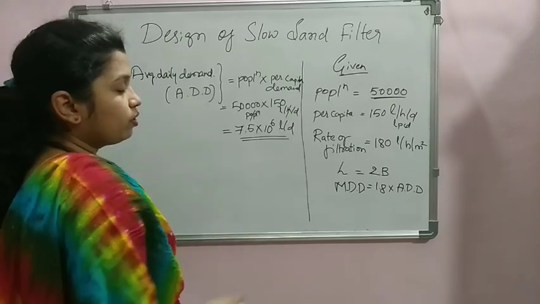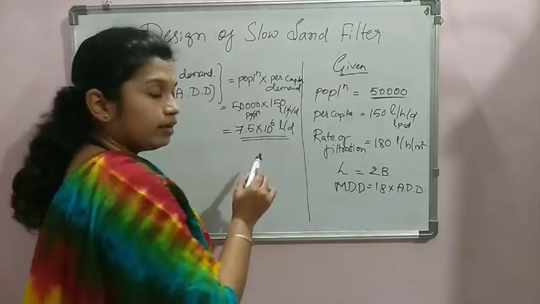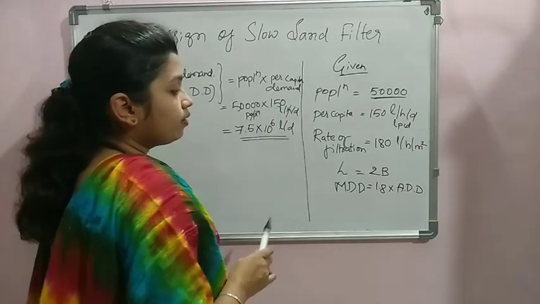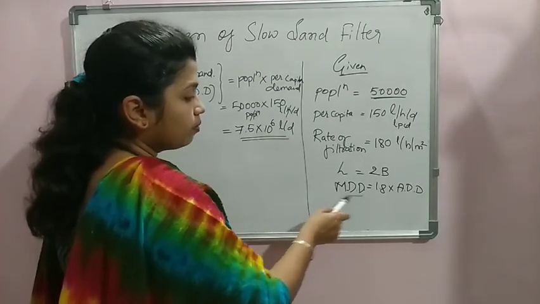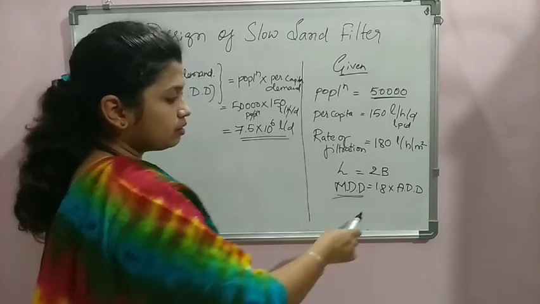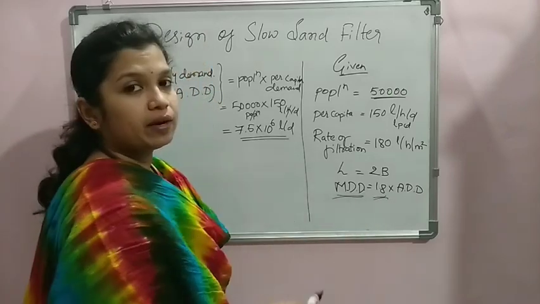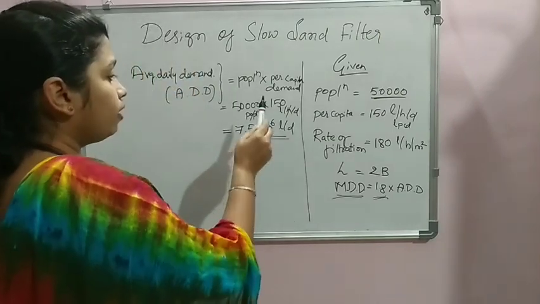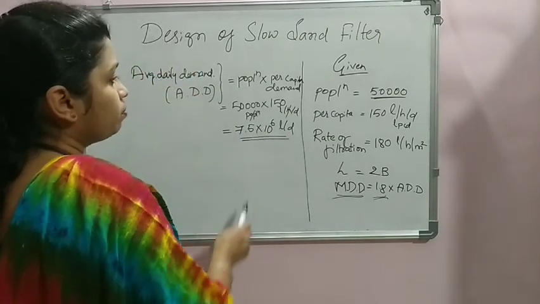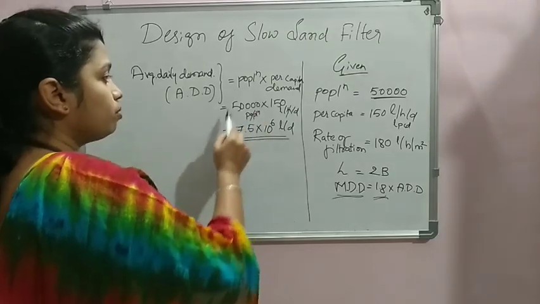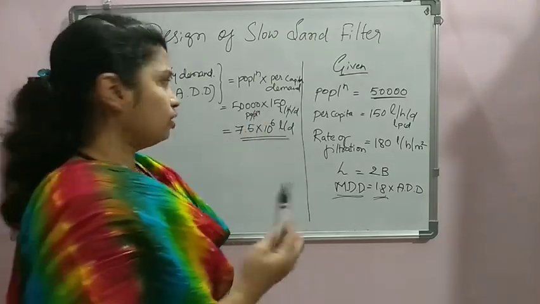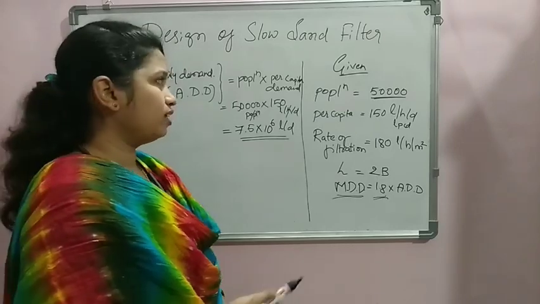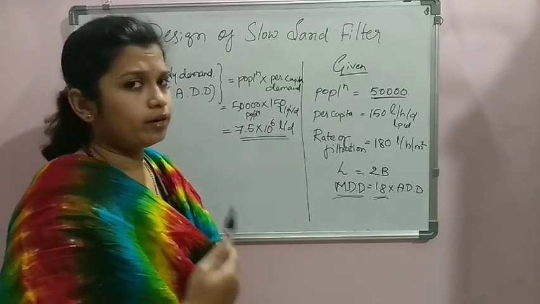Next, what they have given as a condition, we cannot design by considering this much of the water, but they have said you have to consider maximum daily demand. This is like a factor of safety, we are going to multiply with average daily demand, because this is the required amount of water that we have to supply per day for 50,000 population. Usually population will be found by the methods that we have learned, like arithmetic method, geometric method.